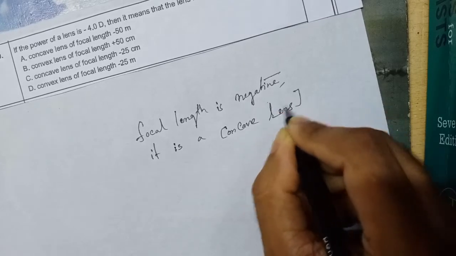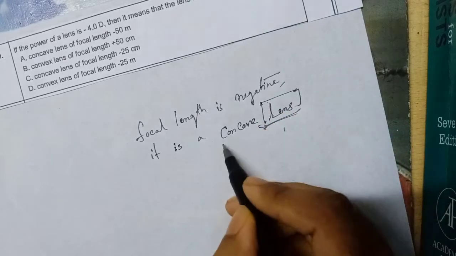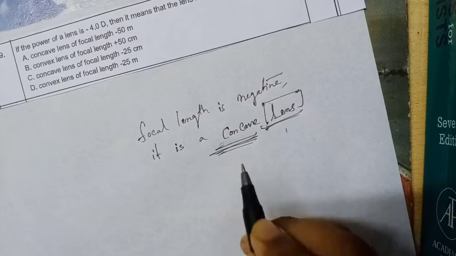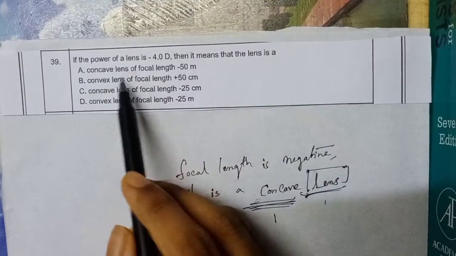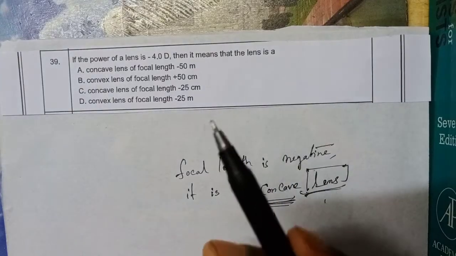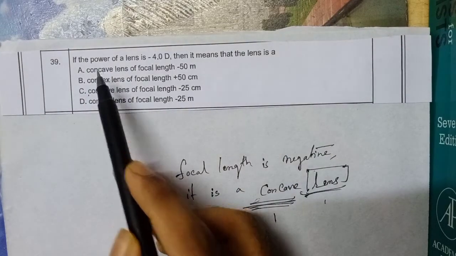In case of lens, okay, this word is important. In case of lens, it is concave. Okay, so this is clear that the correct answer must be option C or must be option A.